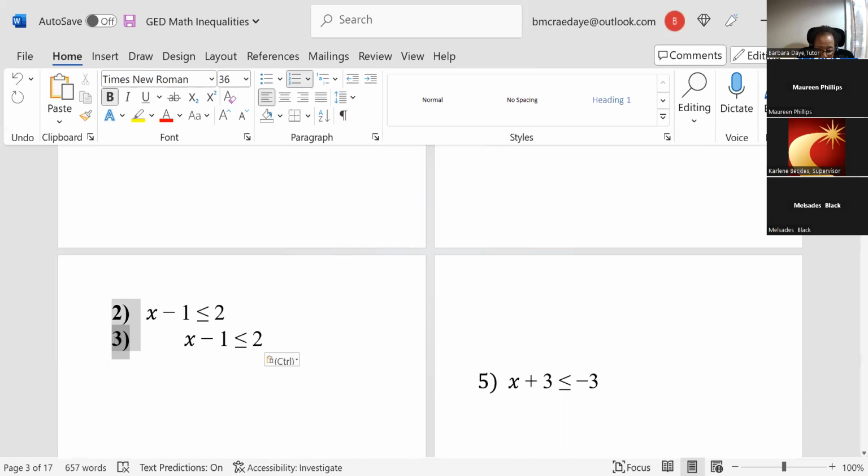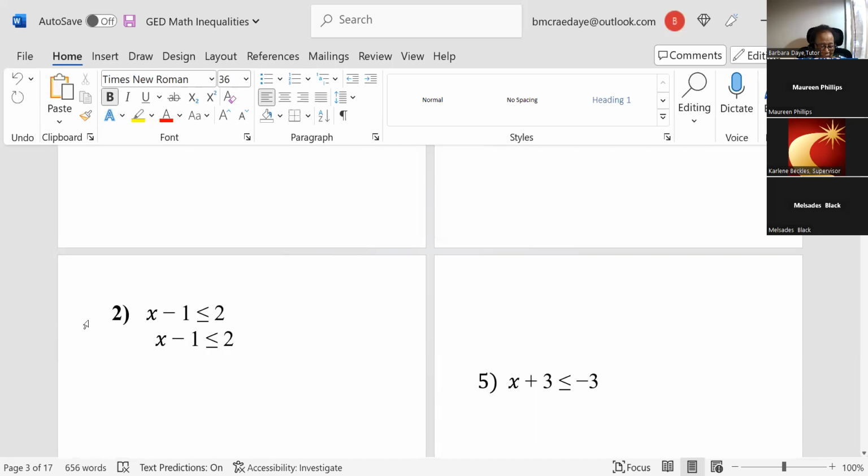X minus 1 is less than or equal to 2. What is the answer, Maureen? Solve this inequality for x.